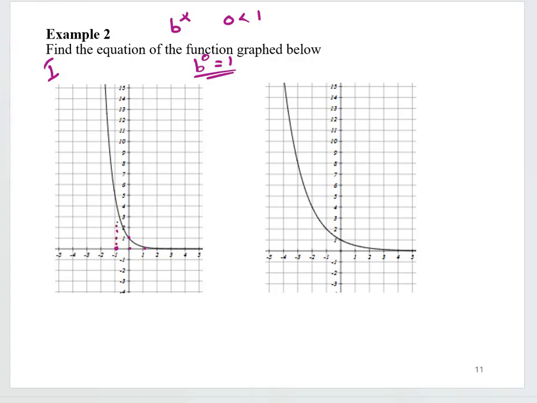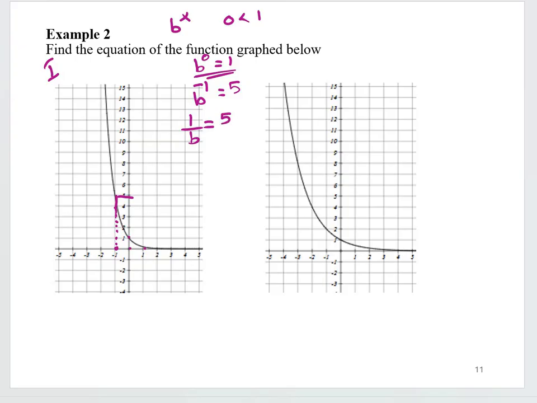So when x is equal to negative 1, it will meet at 5, right here. So b to the power negative 1 is equal to 5. What is the meaning of b to the power negative 1? It is 1 over b. So 1 over b is equal to 5.